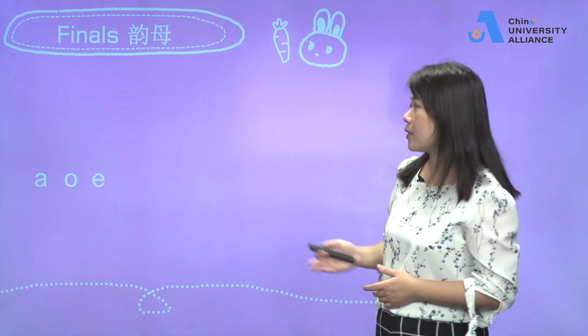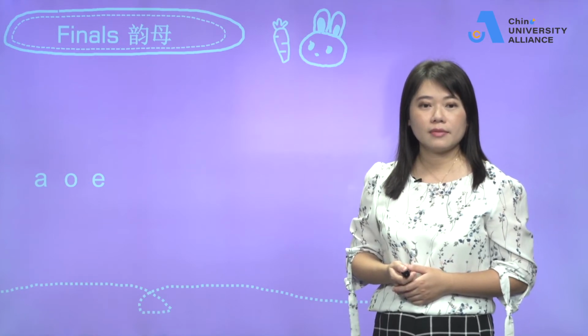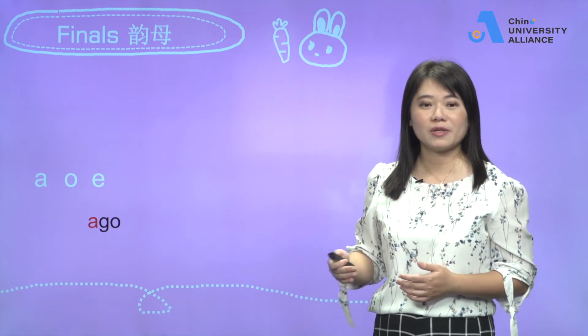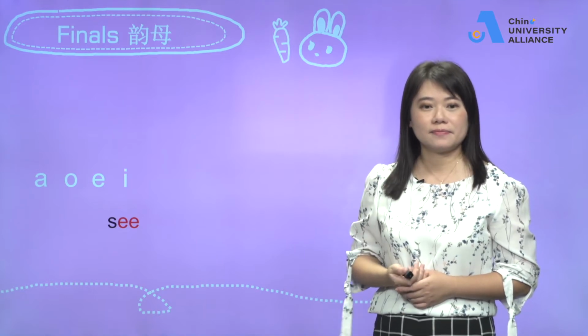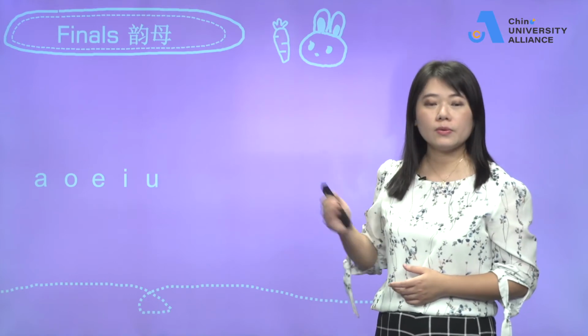And the third one, e, in English, sounds like ago, but this one is longer. The next one is i. In English, it sounds like C. The next one is u.